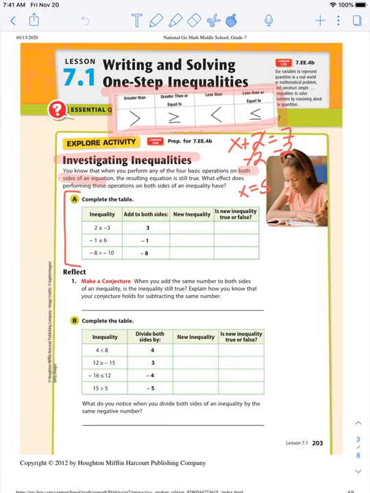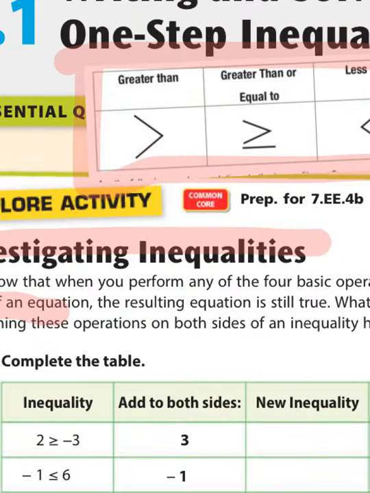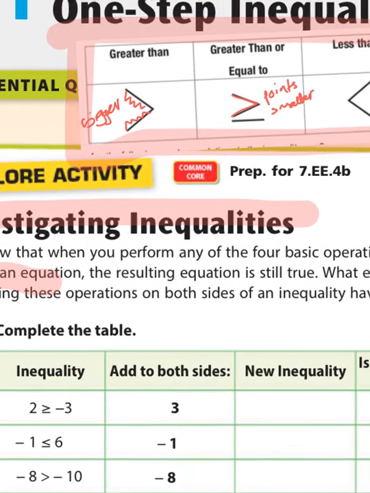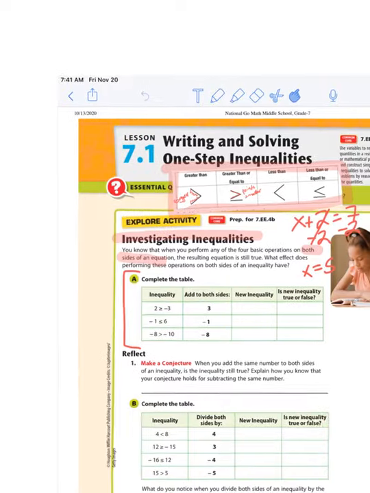So some of you in elementary school might have had your teachers draw little teeth here and said it ate the bigger number. Or you might have just done like a bird beak and it points to smaller. So however you remember that is fine, but we need to know those 4 signs.